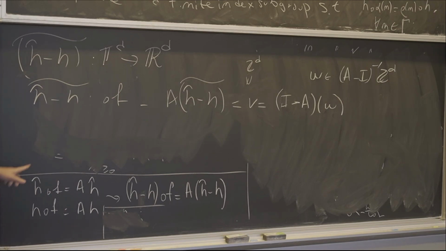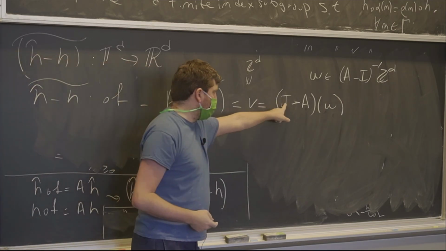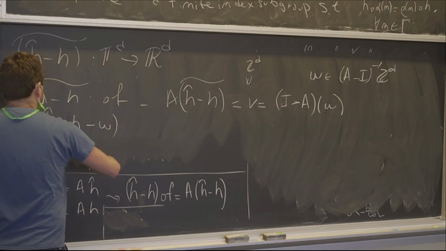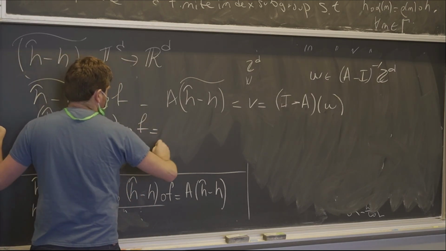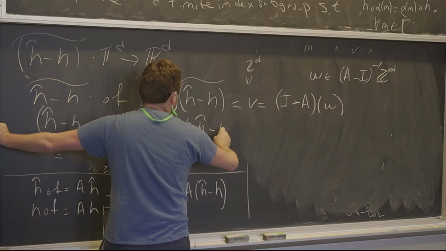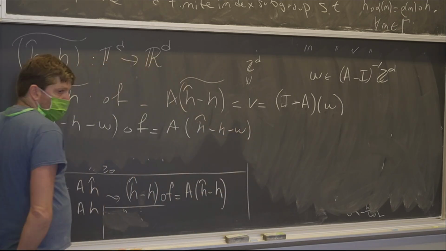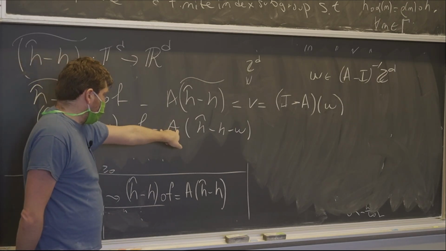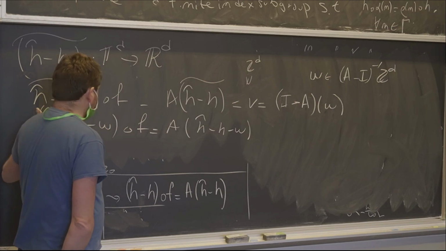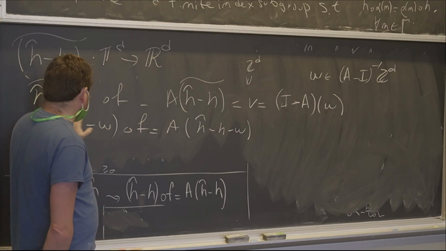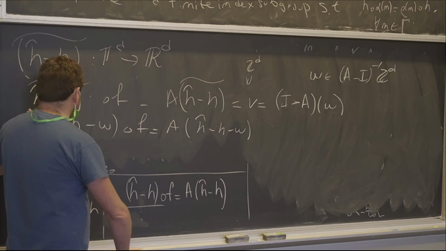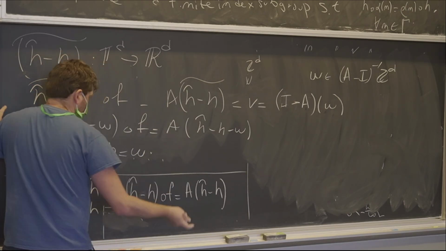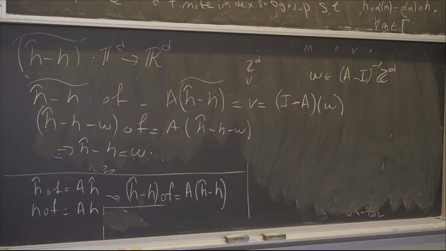And once I have this, then I can just bring this to the other side, and I get something like h hat minus h minus W is equal to A times this. Now, A being hyperbolic, this being bounded implies that this has to be 0. And that's exactly what we said.